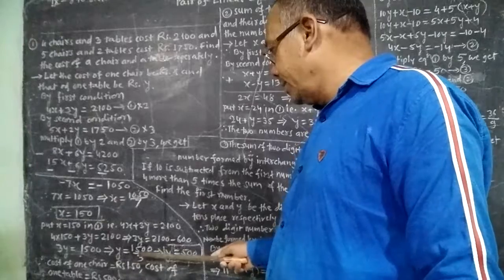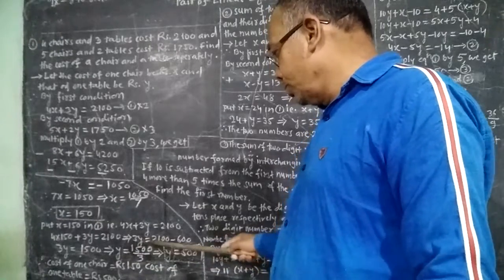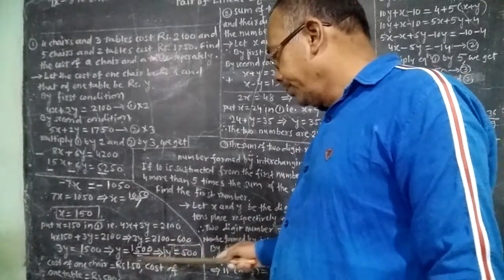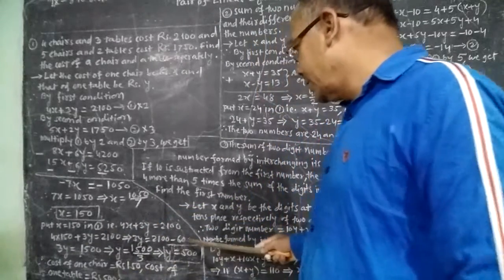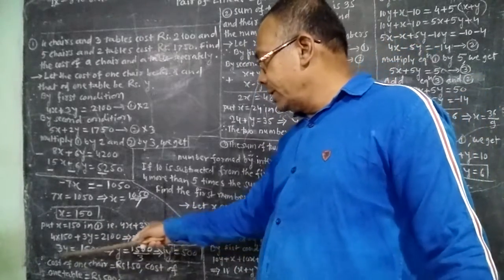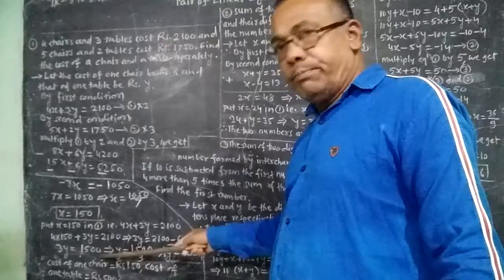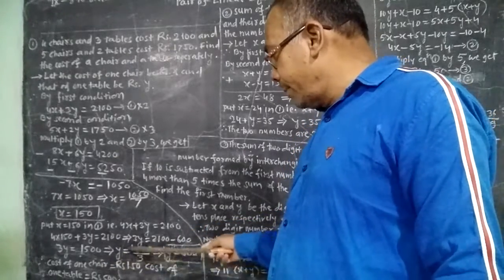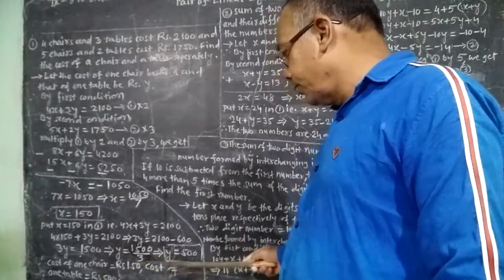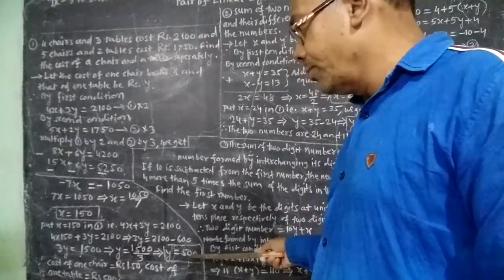So 3y is equal to 2100 minus 600, because 150 into 4 is 600, and we get 3y is equal to 1500, or y is equal to 1500 upon 3, and therefore y is equal to 500.